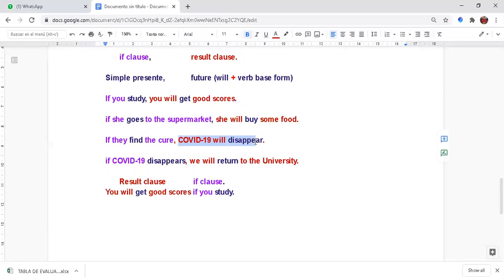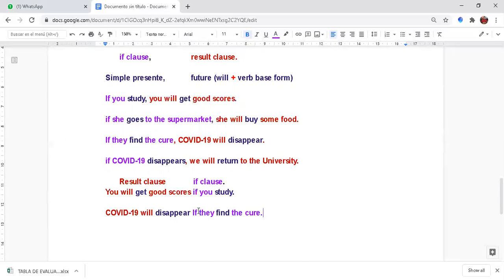Another example. I can bring at the beginning, I will take here: COVID-19 will disappear if they find the cure. Here we are beginning with the result clause and continuing with the if clause, and the meaning doesn't change. COVID-19 will disappear if they find the cure.